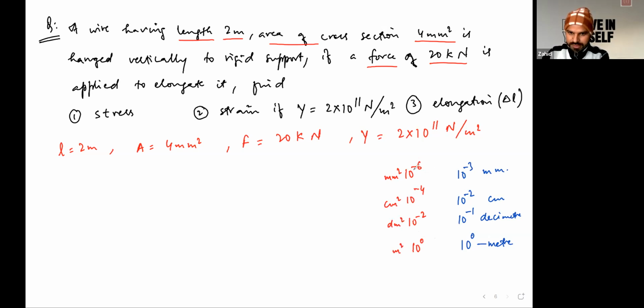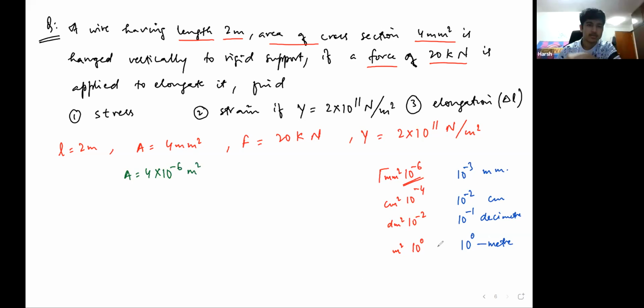I'm writing these with respect to meter. It means mm square, on converting into meter square, you must multiply by this amount. Is it clear? Yes, sir. So you can write area equals 4 mm square. To convert mm square into meter square, you must multiply it by 10 to the power minus 6. Is it clear?